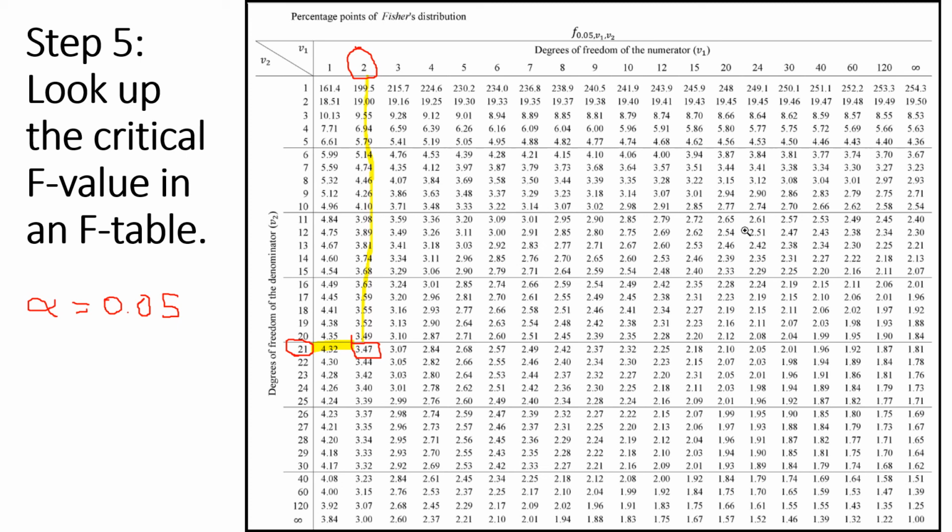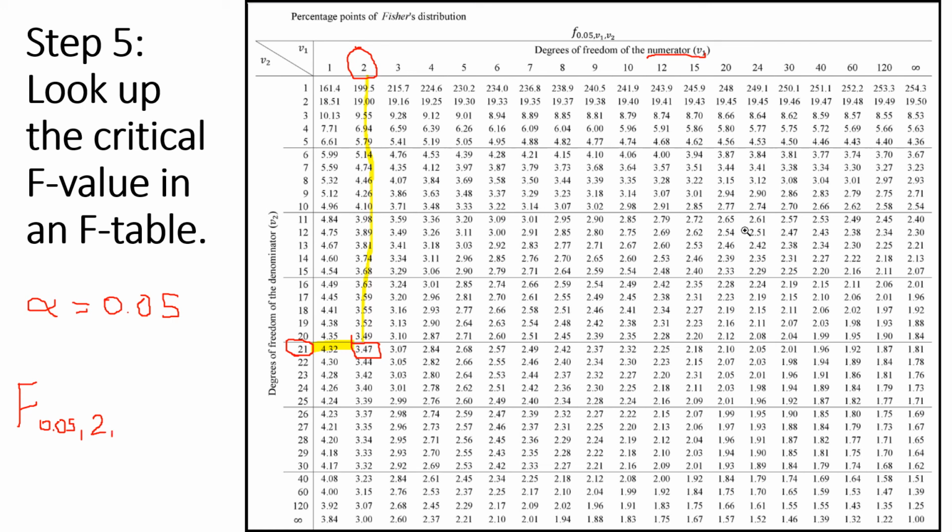Okay, so we might call this our F crit or F critical. Often when people write these out, they will have F with subscript 0.05 to tell you that it's for alpha equals 0.05, and then a comma. And in this case, it would be 2. That tells us that we had 2 degrees of freedom on the numerator.